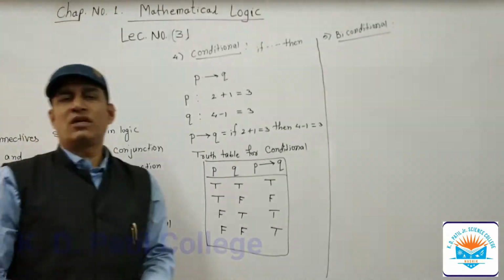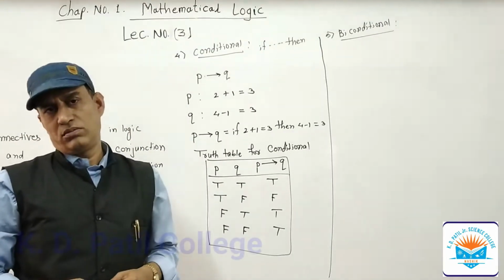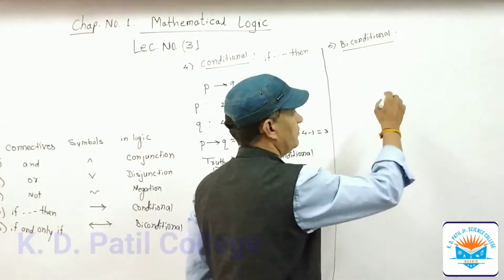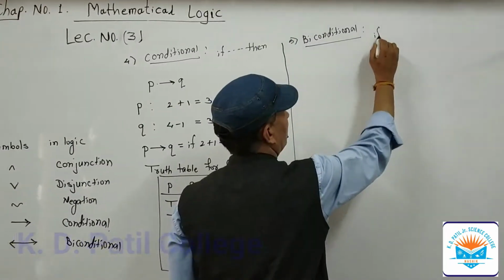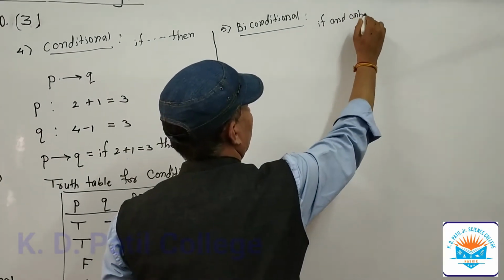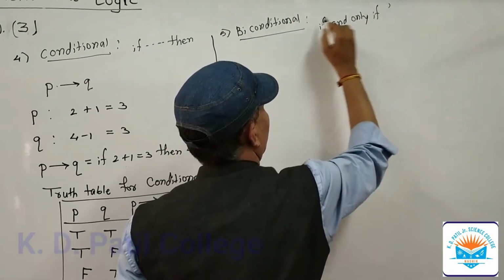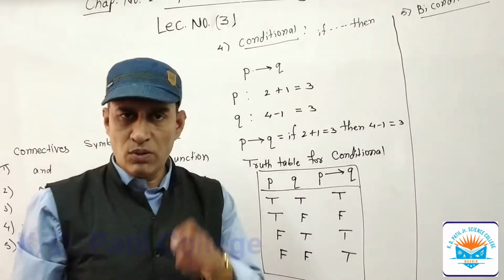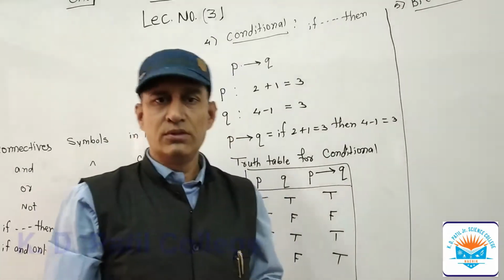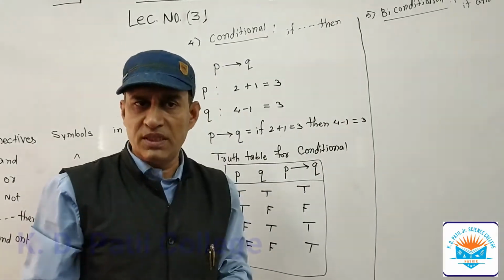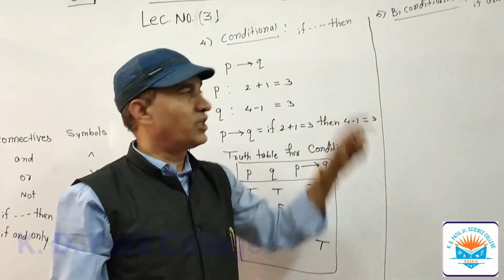If two atomic statements P and Q are connected with the connective if and only if, then such an obtained compound statement is called a biconditional.